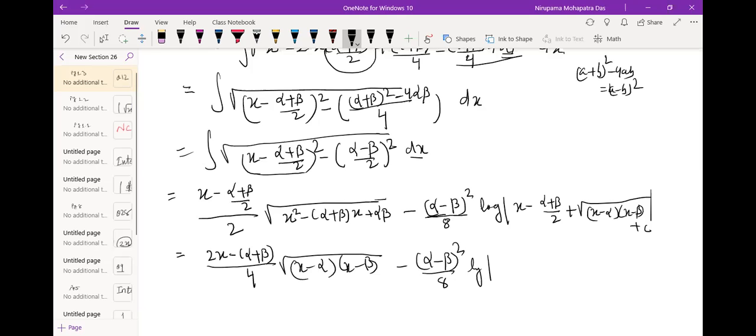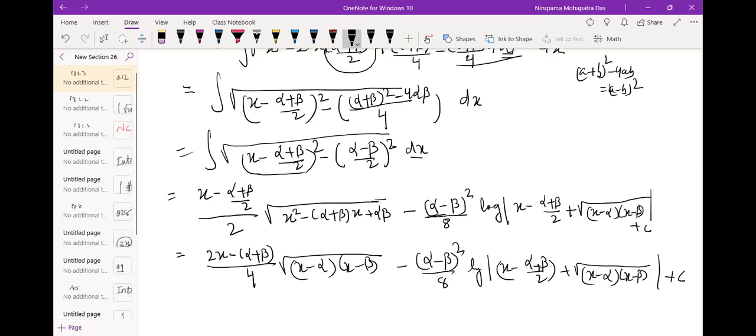If you want to write down the whole thing, you may write it like this: x minus of alpha plus beta by 2 plus square root of x minus alpha into x minus beta, plus constant of integration.